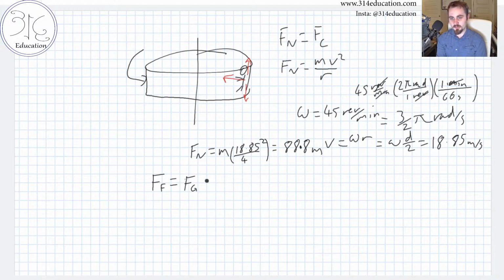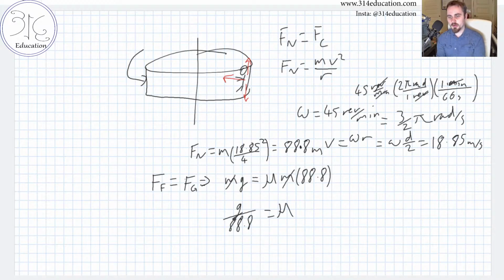And so that gives us mg must be equal to mu times our Fn. And our Fn we just defined as m times 88.8. We can now cancel out our m's, and we want to solve for mu, so we'll divide by 88.8. That is g divided by 88.8 equals mu.